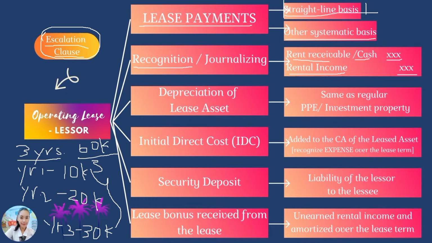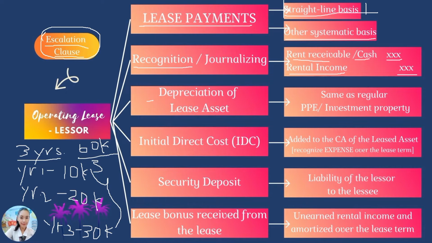Okay, now let's go to the depreciation of the leased asset. So here, take note that under operating lease, there is no transfer of ownership. So the asset still belongs to the lessor. So the lessor will recognize depreciation. Now, what will the lessor use to depreciate the asset?